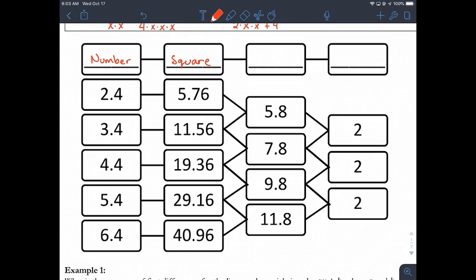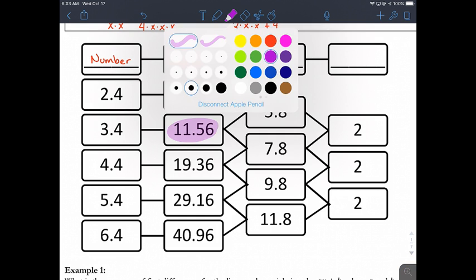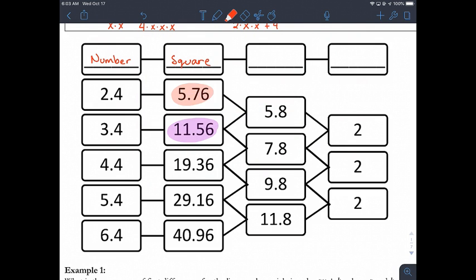In order to get the third column, we take this item and we subtract this item in order to get 5.8. And we're doing that consistently all the way down. So for instance, for the next item, 7.8, I would subtract 19.36 minus 11.56.